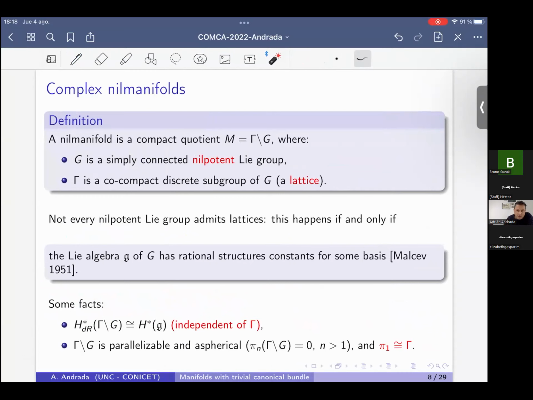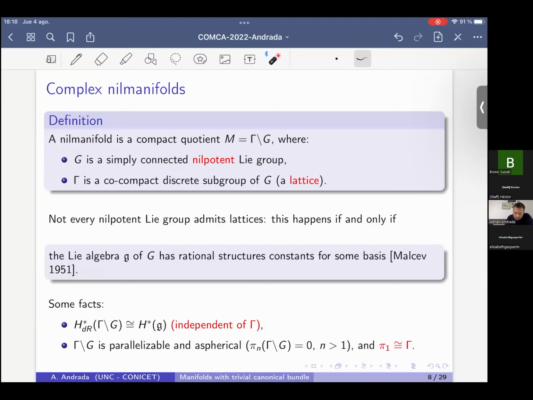These are things that we study a lot in Córdoba: Hermitian and complex geometry of Lie groups, where the structures are invariant, and then that structure descends to any quotient by discrete subgroups. So this is a machinery to produce many examples.